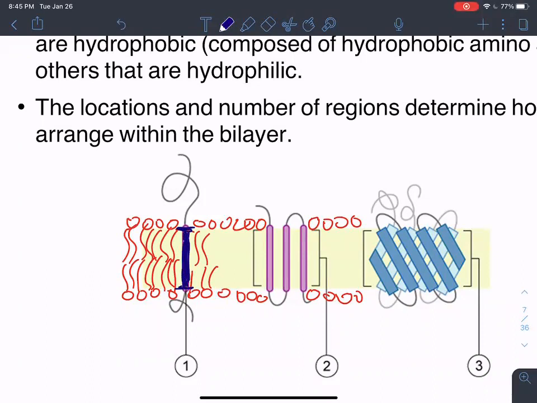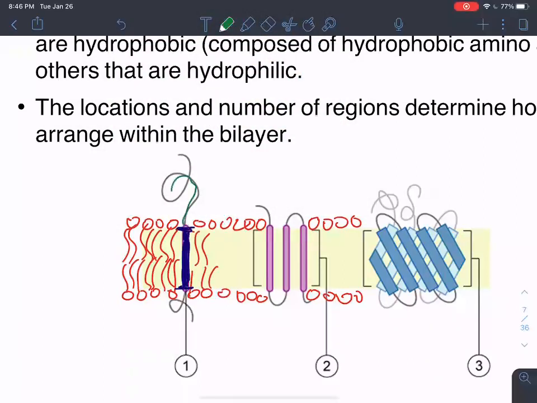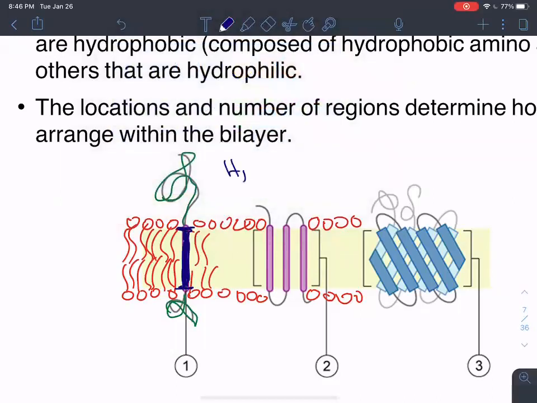That's why they're inside. Now, these little whippy tail-like structures, we'll do green, that are out here, well, they're out in the aqueous environments because there is water, an aqueous environment, inside and outside of most cells. So they have to be made of hydrophilic amino acids, so that they're on the outside or the inside. They're basically outside of the membrane.